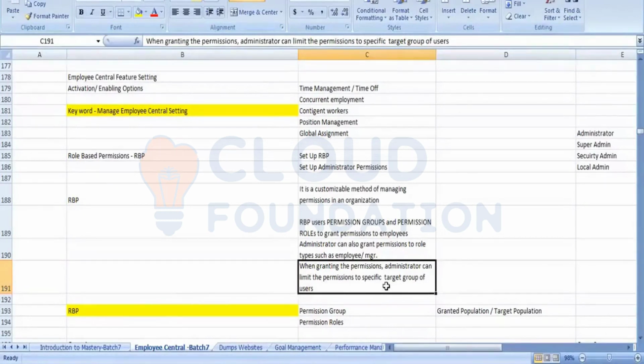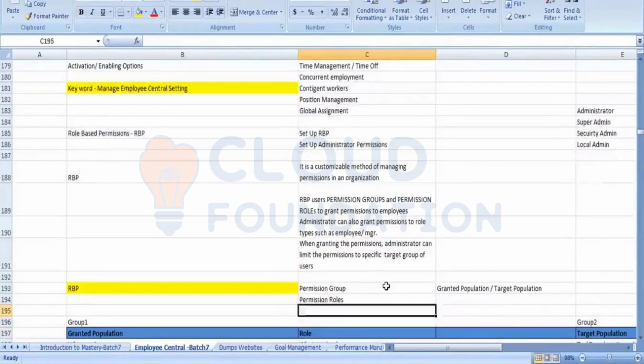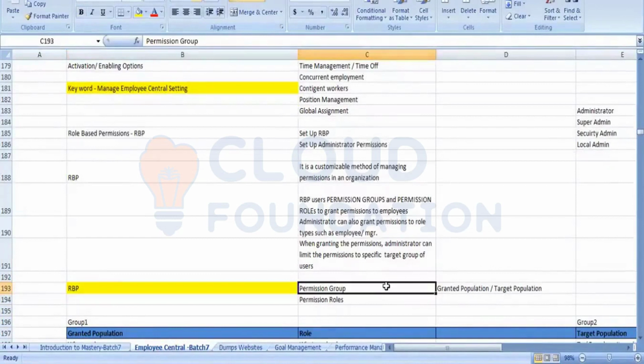Okay. Now coming into RBP. Again, as I told, RBP, role-based permission, is divided into two parts. One is permission group and another is permission role.